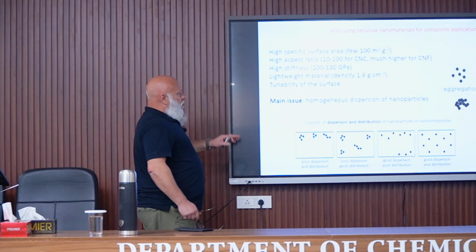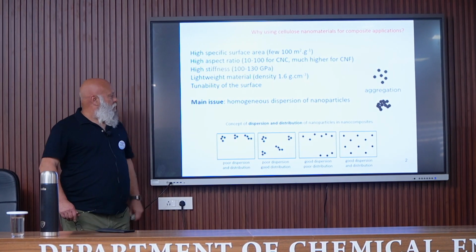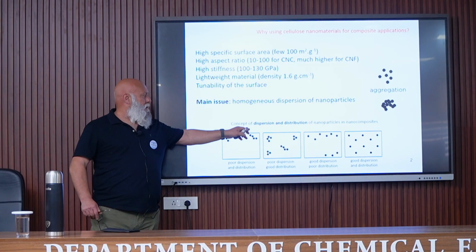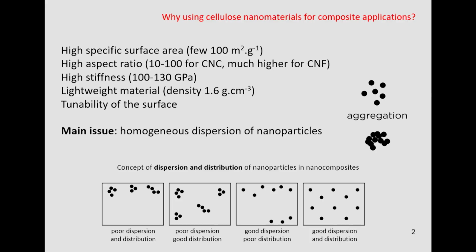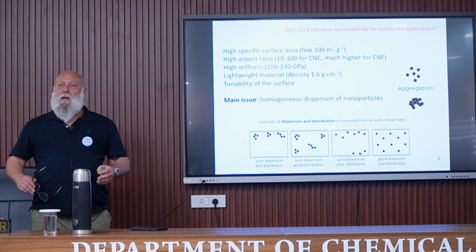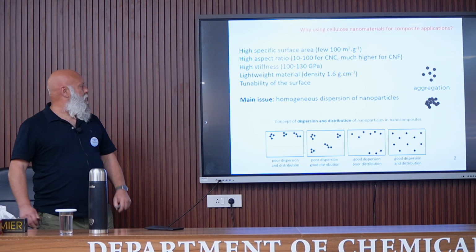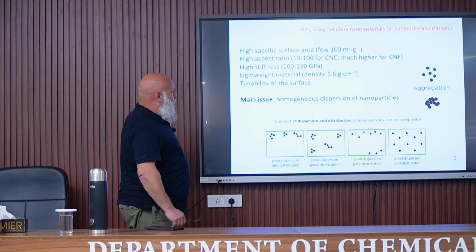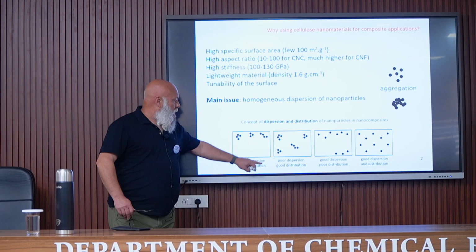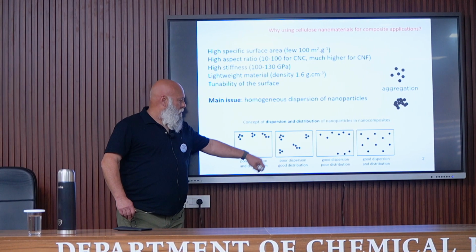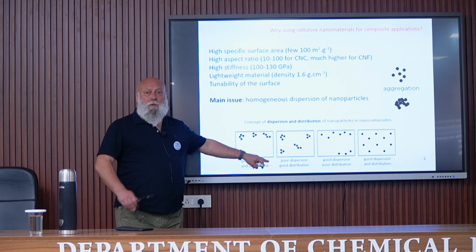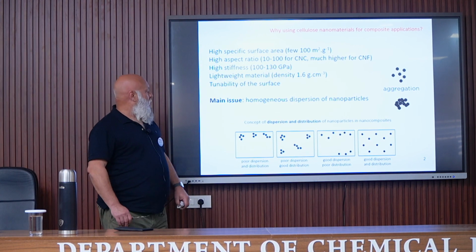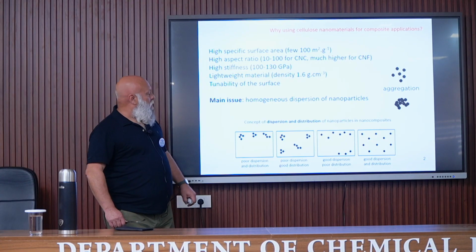We can have different situations, which are reported here, that involve dispersion and distribution. We can have a poor dispersion and a poor distribution, meaning that you can see that we have aggregates, and these aggregates are not homogeneously distributed in the matrix. Poor dispersion, so still aggregates, but good distribution, so homogeneous distribution of these aggregates.